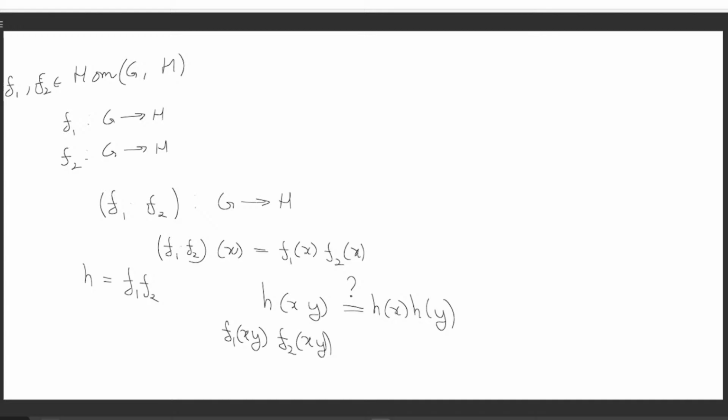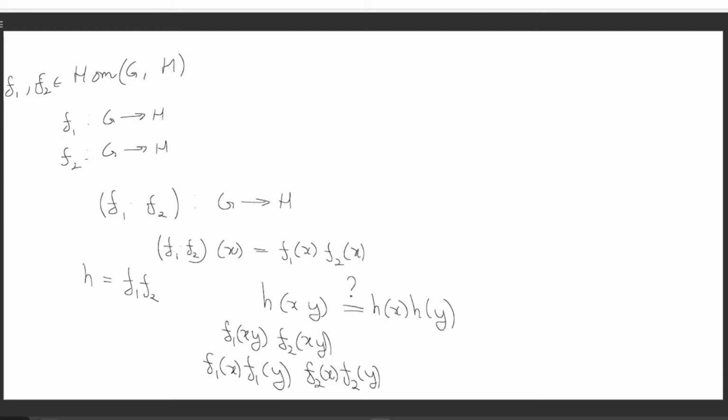Any further reduction possible? f1 and f2 are homomorphisms, so it is f1(x)f1(y)f2(x)f2(y). Okay, those are elements. Fine.